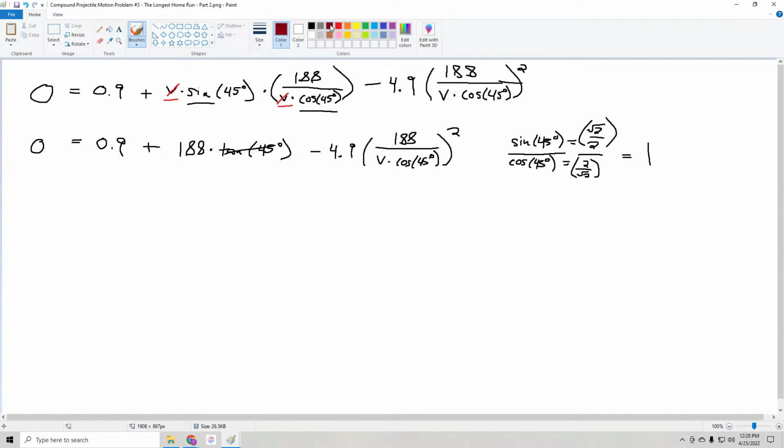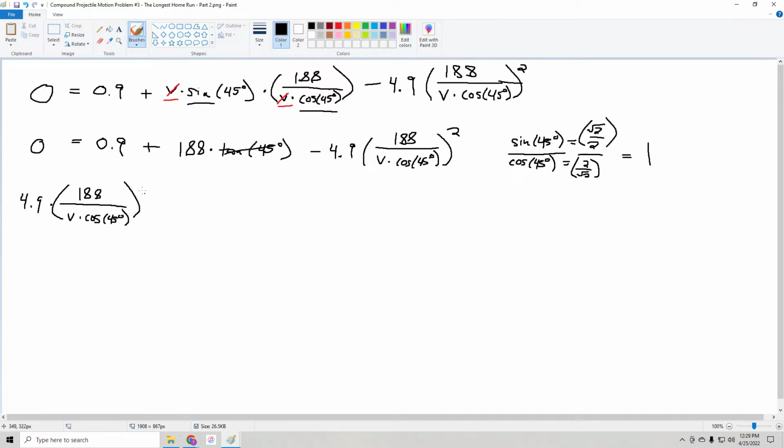Next, let's take this term over here. Since we want to isolate v, let's move it over to the left-hand side. If we rewrite it, it looks like this. 4.9 times 188 over v cosine 45 degrees.